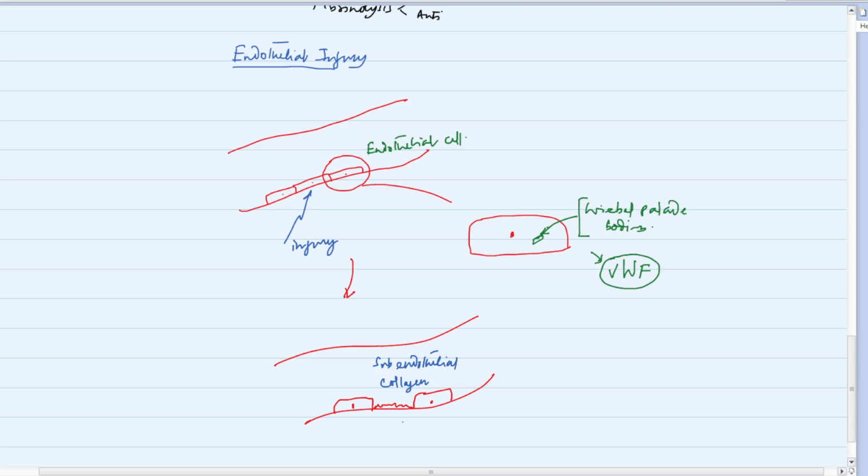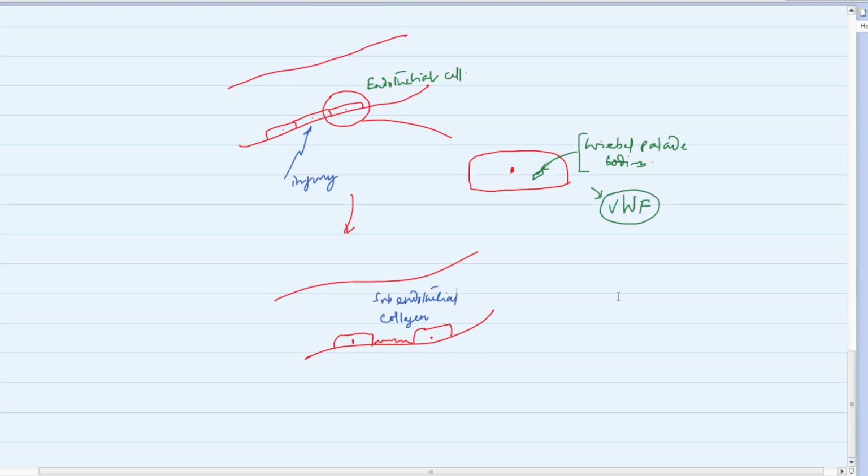At the same time, this injured cell releases the von Willebrand factor. It also releases endothelin. The cell is also in proximity with neurons, so there is also a neuronal reflex.